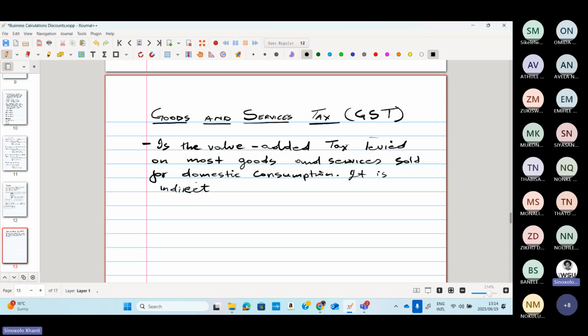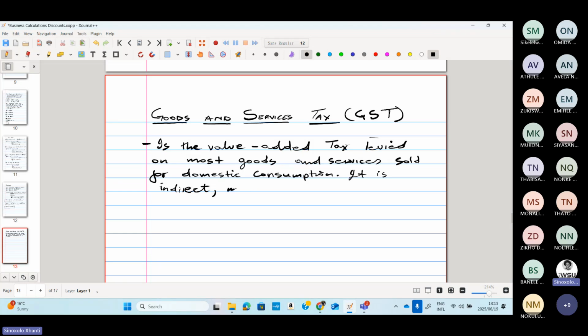Here, what is more important is that we are mostly doing calculations, but I want you to get a little bit of understanding of the definitions. Some of you who are doing accounting do have a little bit of background on this.